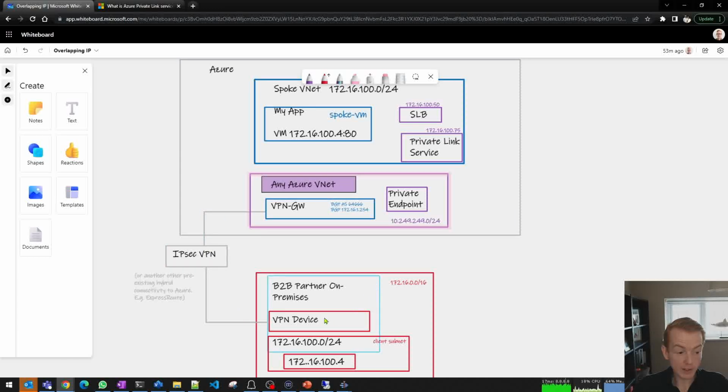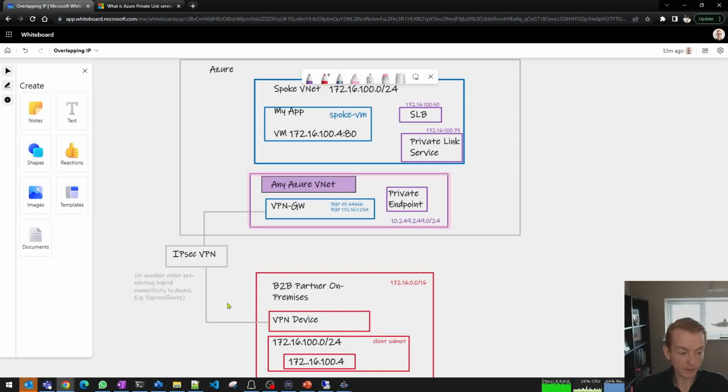Or you could say to that third party, the red people here, hey, if you've already got an ExpressRoute connection to Azure, or an IPsec connection into Azure, or maybe you say to them, just build an IPsec connection into a VNet that's completely isolated under your control, then you can leave all of that to them. So this purple box can be owned by anybody. In my scenario, I'm going to imagine that it's owned by the red party.